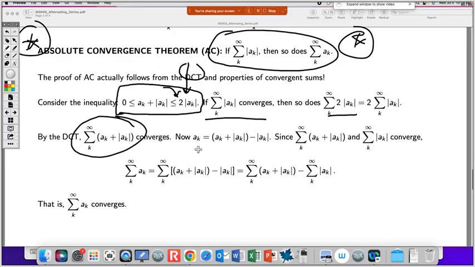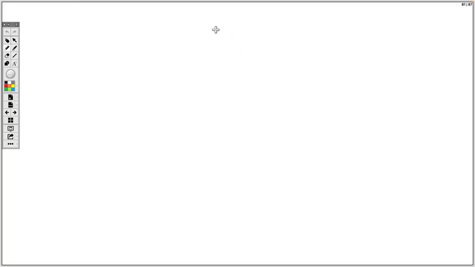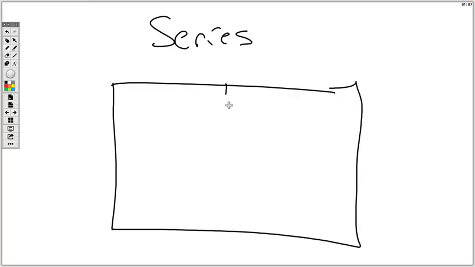And now we use properties of convergent series. We're going to take this convergent series minus this convergent series, and look what's left. If you take this minus this, you get what? The original. So it's a nice little proof. Once again, the direct comparison test comes in when it needs to come in to fix it for us. So that means in your headcanon here, all series fall into 2 big categories. You've got the convergent series here, and you've got the divergent series here.